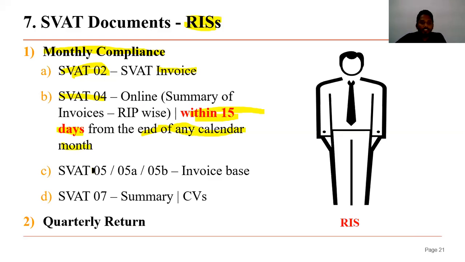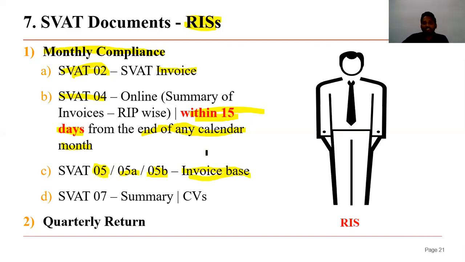Then the RIS have more burden again. They have to submit schedules 5, 5A and 5B based on the invoices. If there is a credit note and debit note, 5A and 5B refer to credit note and debit note. Schedule 5 is invoice wise, which they have to declare in a separate schedule.